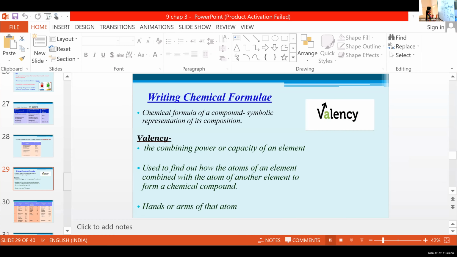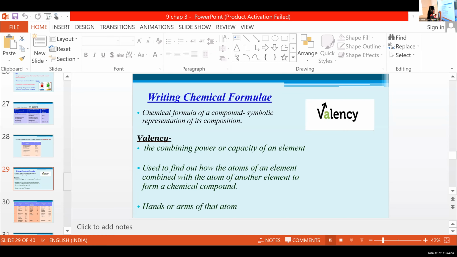Valency is the combining power or capacity of an element. We saw that this octopus can hold four human beings, so the combining capacity of the octopus can be considered as 4.